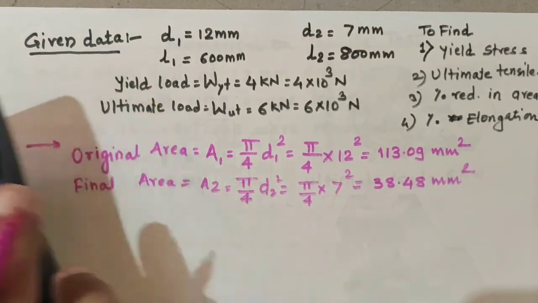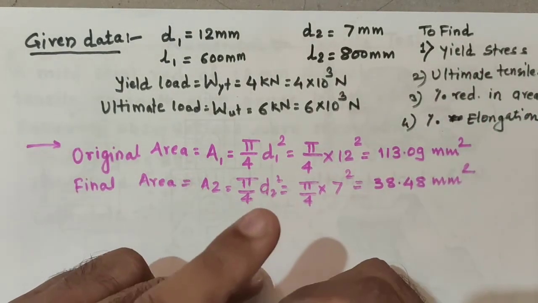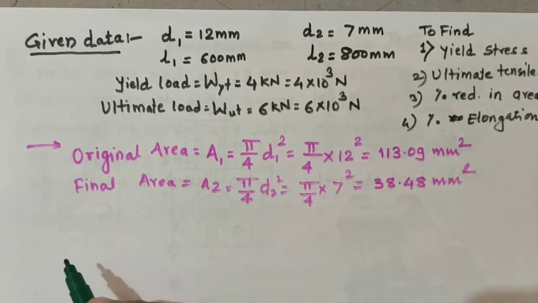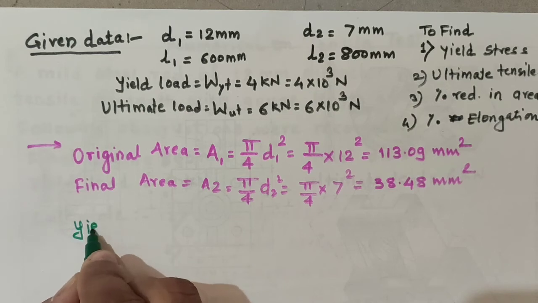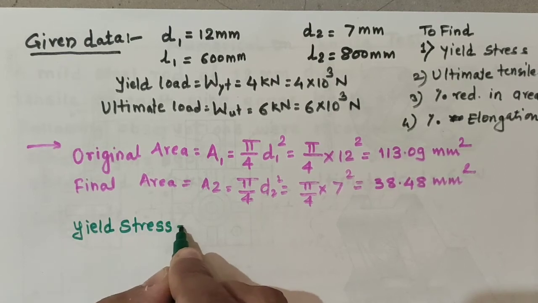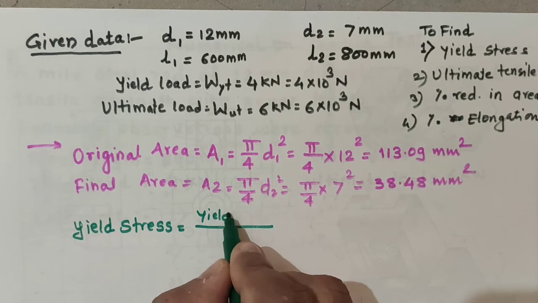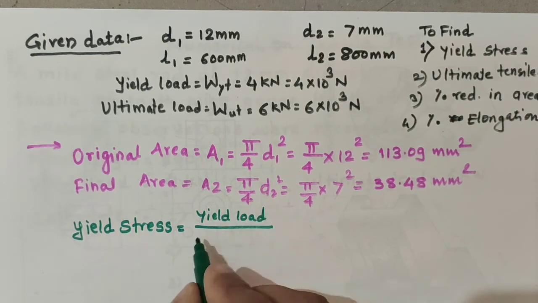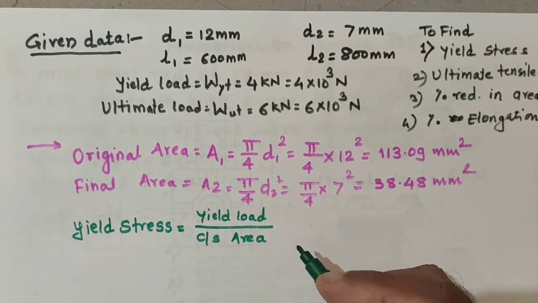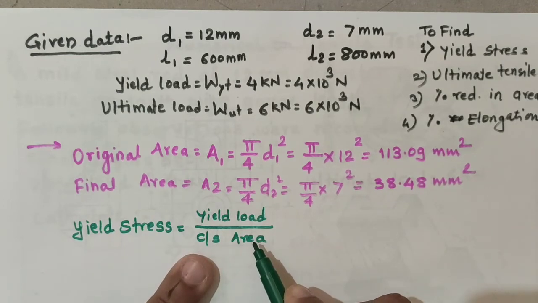Okay, now we will calculate yield stress and ultimate tensile stress. So first is yield stress. For yield stress we require yield load upon cross section area. Here we will take the original area as the cross sectional area.